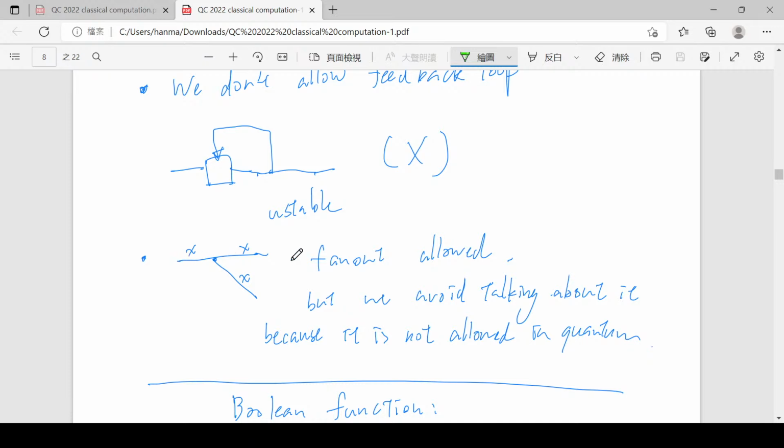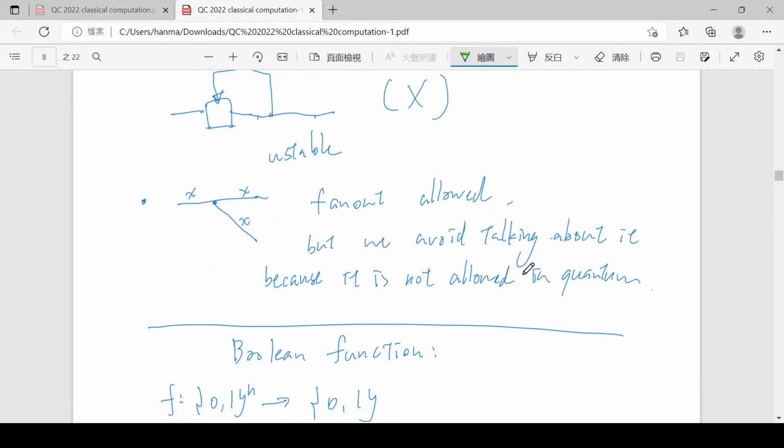This fan out gate is where you have a wire and you split it into two or more wires, and the input wire has value X, and the output wires will both have value X. So in terms of classical computation and circuit model, fan out is possible. You can just copy and paste whatever is here down to here.